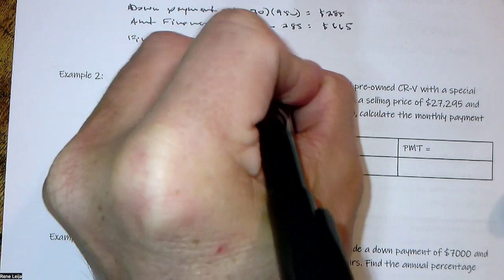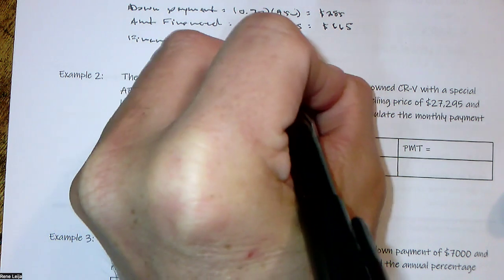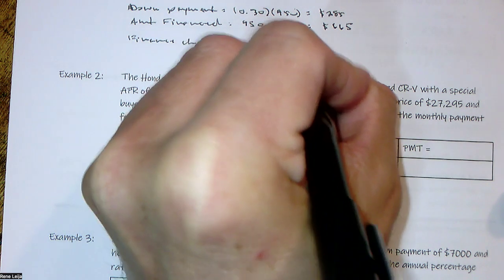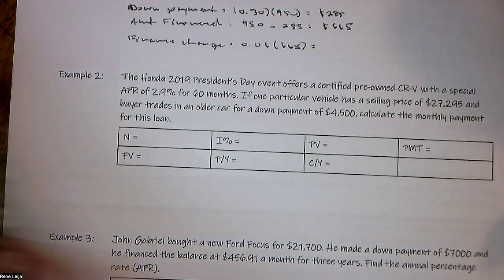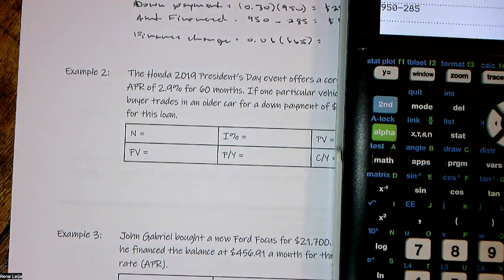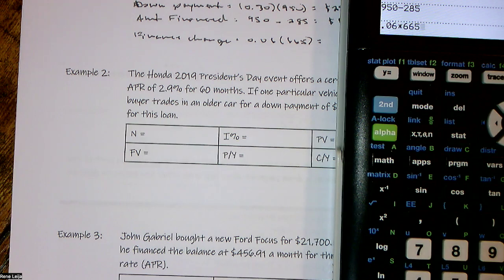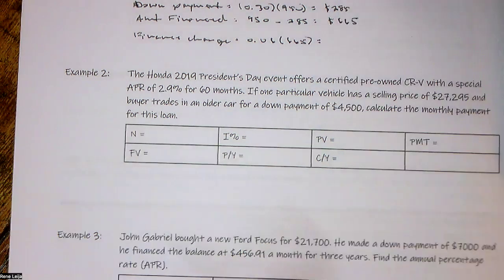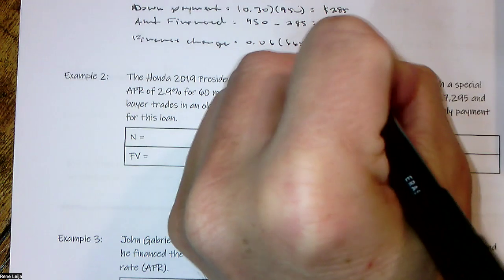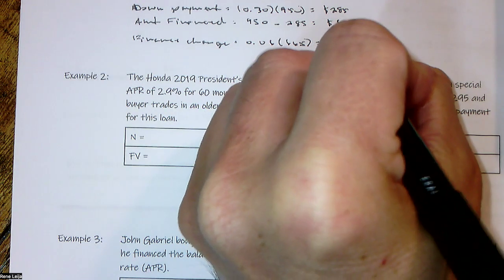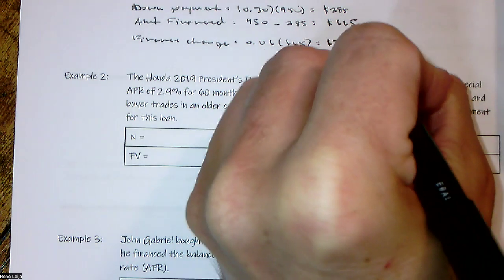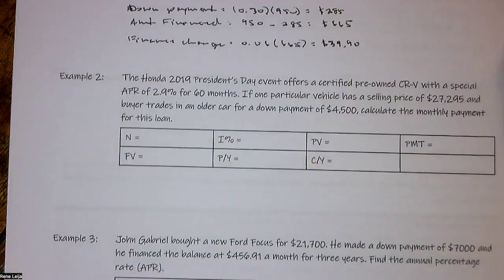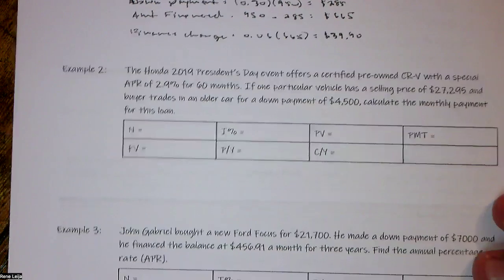So 0.06 times the 665. 0.06 times 665. All right, so $39.90. So that's how much interest she's going to be charged.